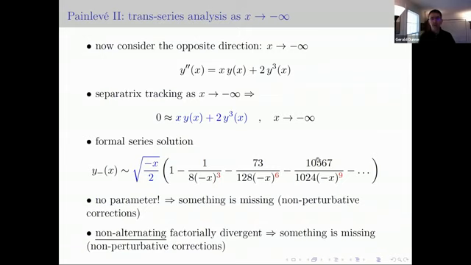By this point, that shouldn't be surprising to you. But they're also non-alternating. And if you remember the discussion from yesterday about the Borel transform, and in particular the incomplete gamma function examples, that's very often a signature that something is missing, because now, in Borel language, we're integrating along a line where there are singularities of the Borel transform, which we have to somehow resolve.